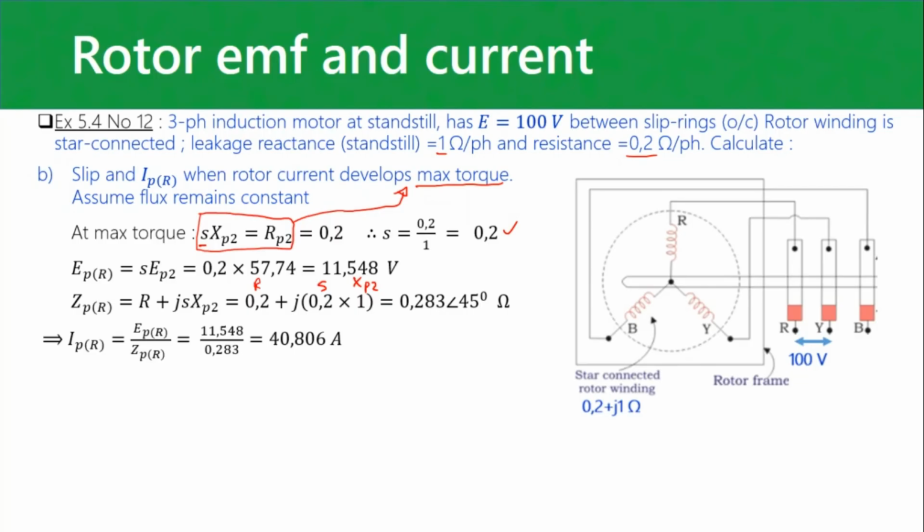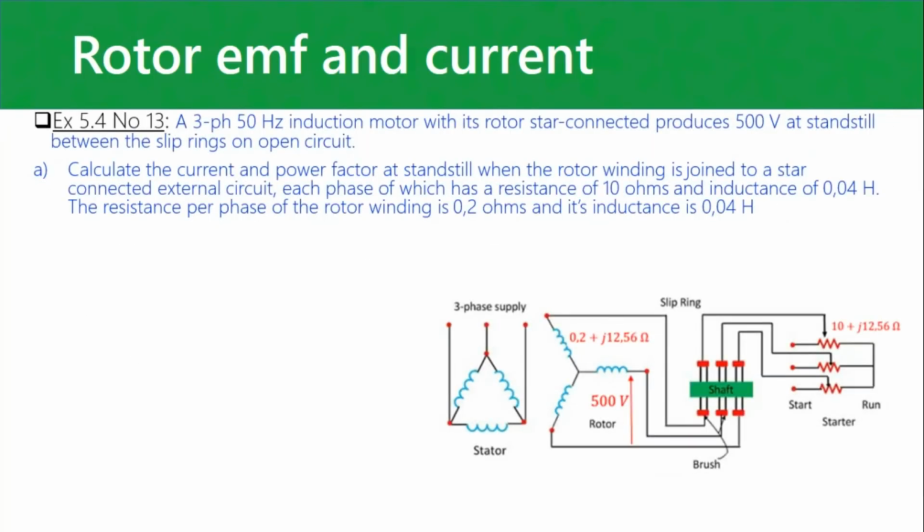Then the other type of question, all right, involves power. So in this case, again, they give us this story about 500 volts between the slip rings on open circuit. So if it was open circuit here, you would have got 500 volts line voltage, eh?